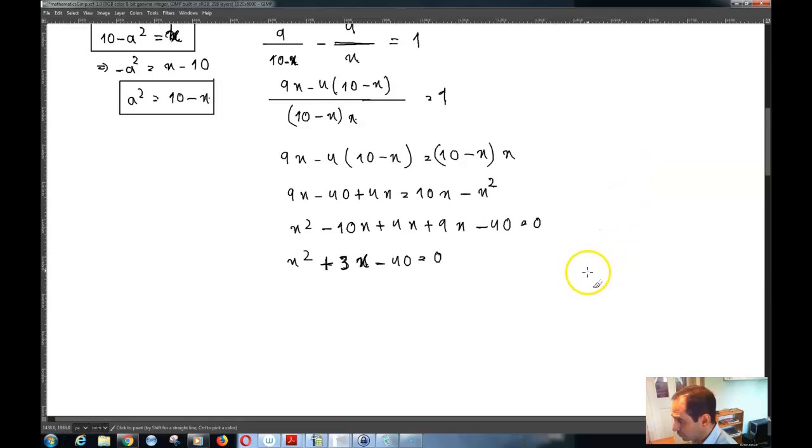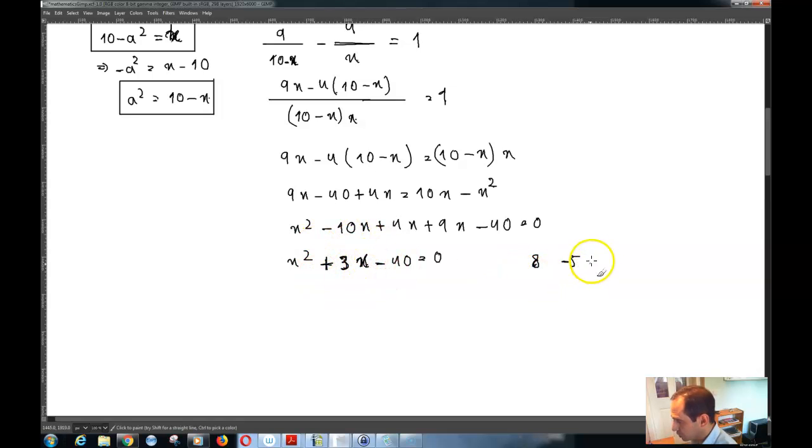So I can write 4 times 10 or 2 times 20 or 8 times 5, for example. Now 8 times 5 is equal to 40, and 8 times negative 5 is equal to negative 40, and 8 minus 5 is equal to positive 3.